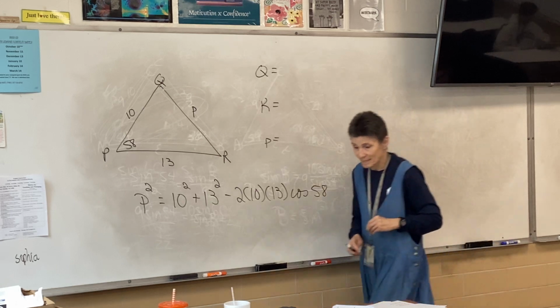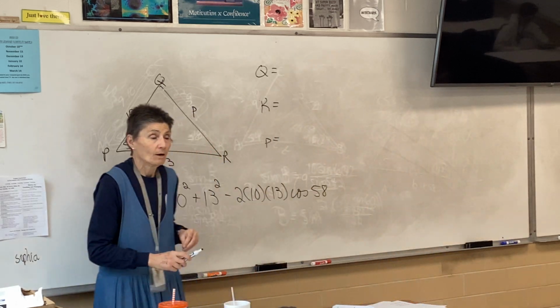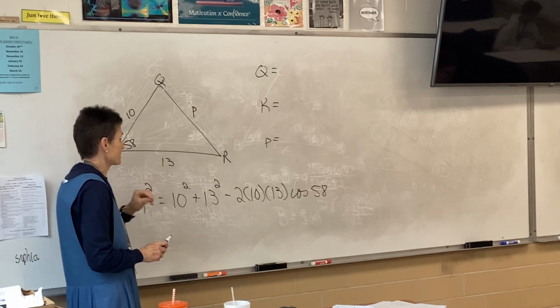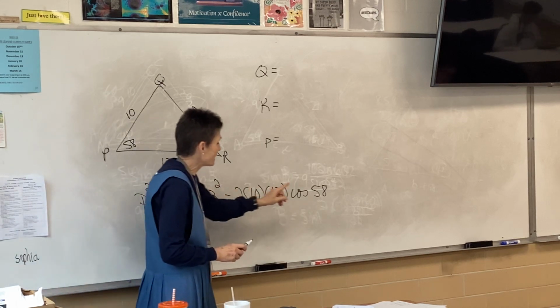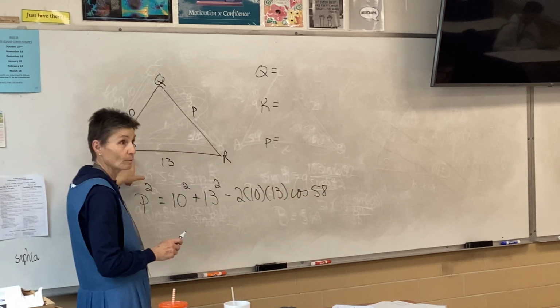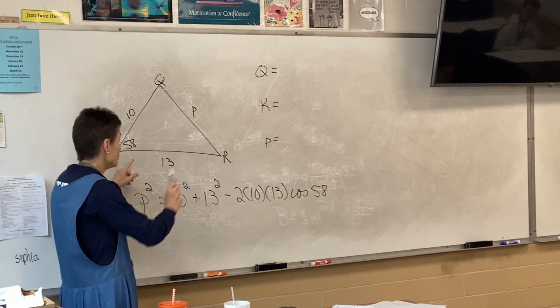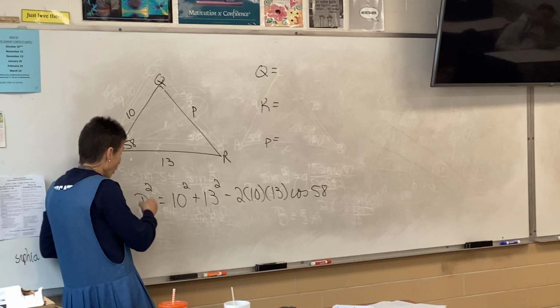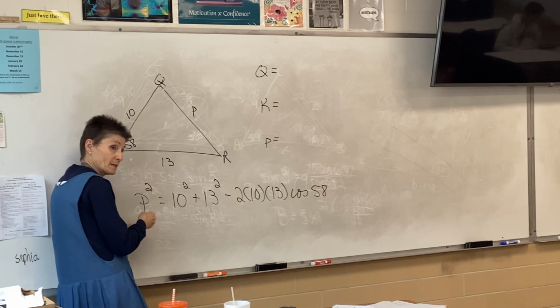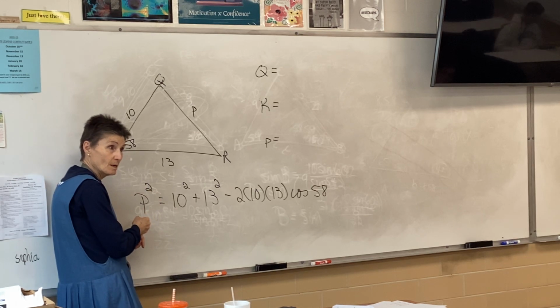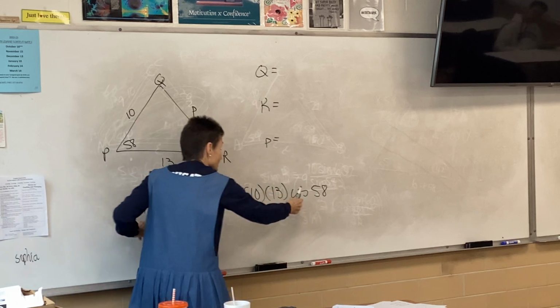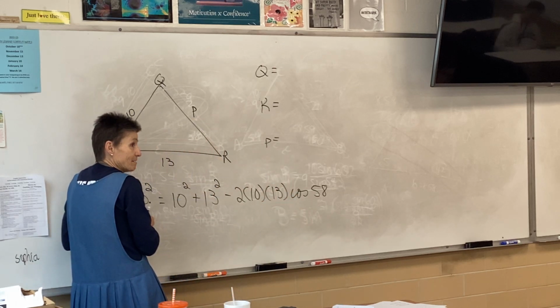All right, so everybody have it written down? Okay, notice that I've only used one angle, and that was angle P. Notice that over here, all by itself, is P squared. So the P's kind of bookend the problem.